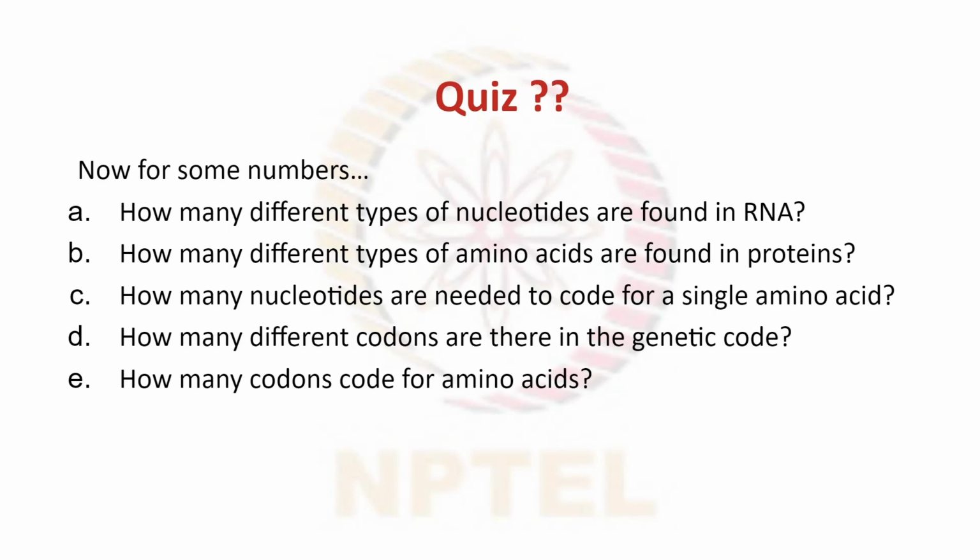We have time, so we'll take it slow. Yeah, it's correct. A, U, G, C. We have 4 nucleotides in RNA. How many different types of amino acids are found in proteins?